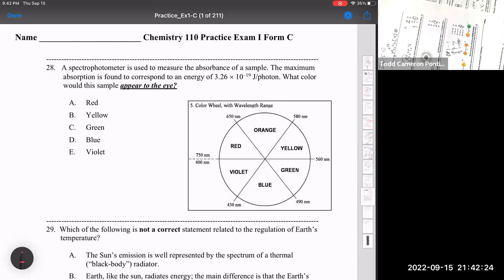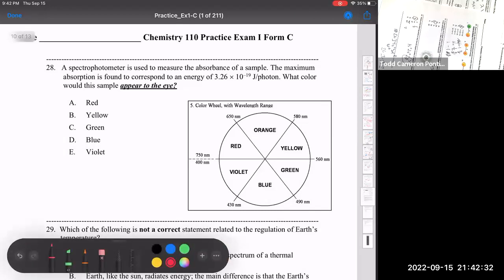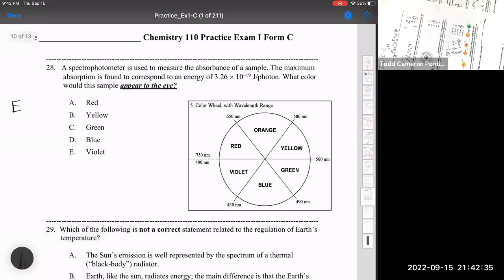On your data table are 2 equations that relate energy and wavelength. The first is energy is equal to Planck's constant times nu, the frequency.